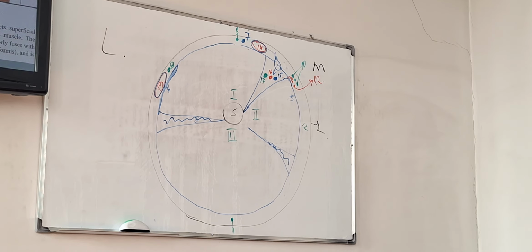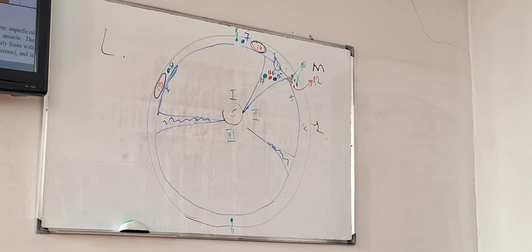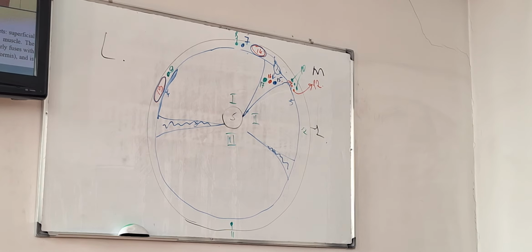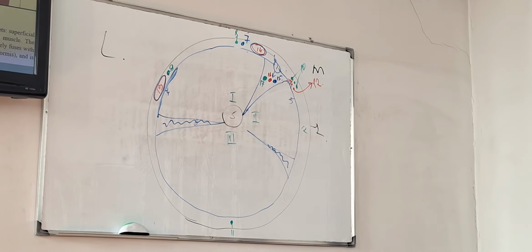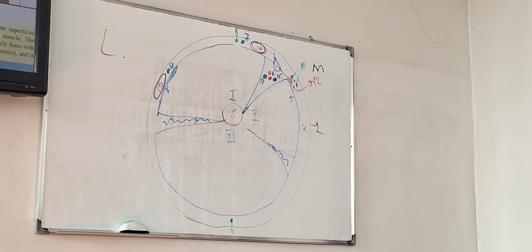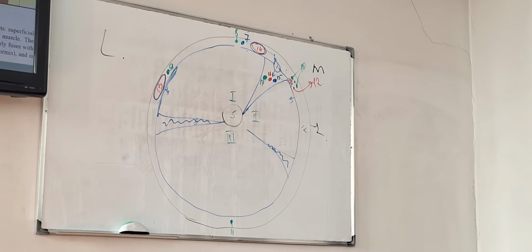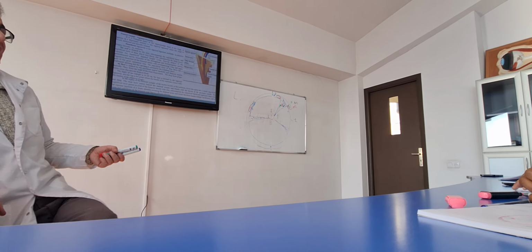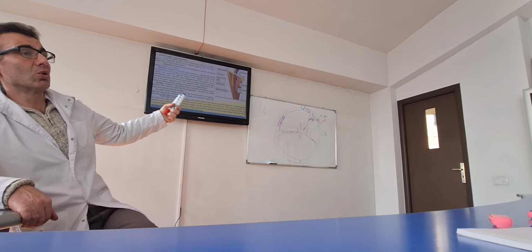Vice versa: vena, artery, nerve. From medial to lateral, VAN. So now what do we achieve finally, guys? We achieve the interfascial space with the main neurovascular bundle of the lower extremity. Not only of the femoral region, but of the lower extremity.